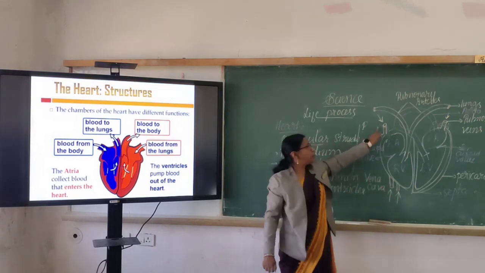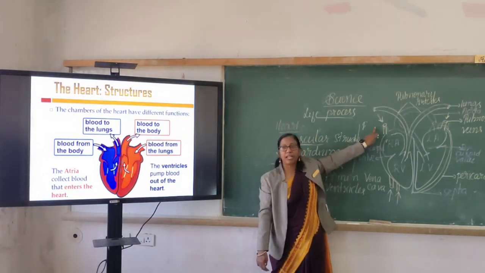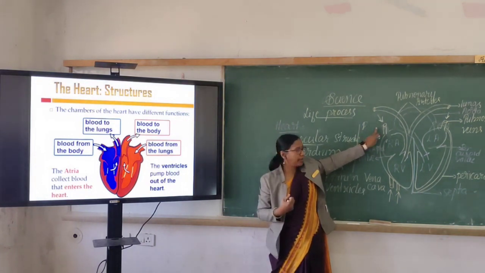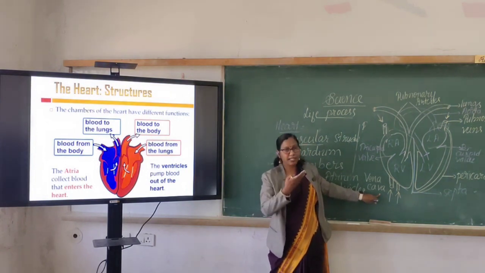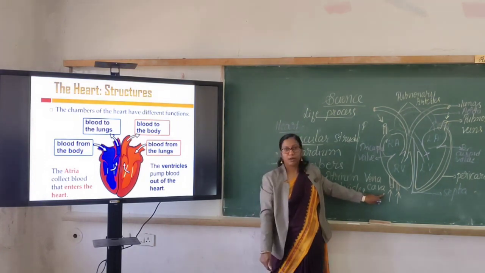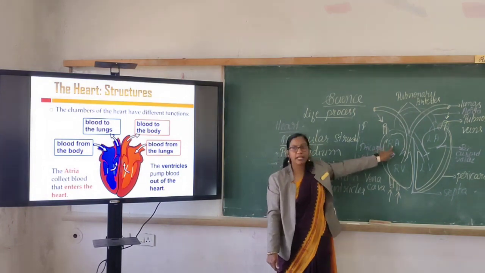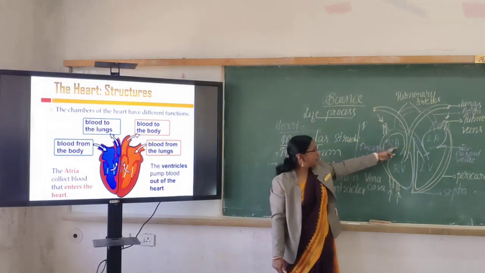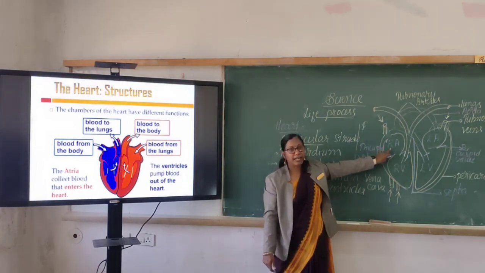They are called superior vena cava and inferior vena cava. The superior vena cava brings all deoxygenated blood from the upper parts of the body, whereas the inferior vena cava takes back all the deoxygenated blood from the lower part of the body, and they all open at the right atrium, from the back side.